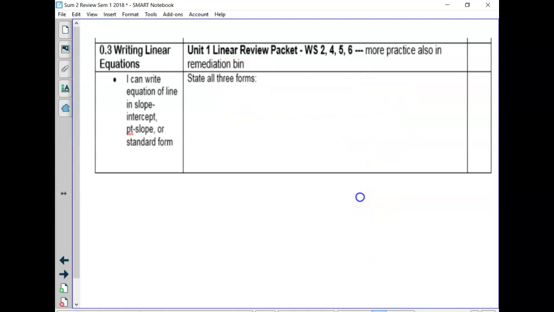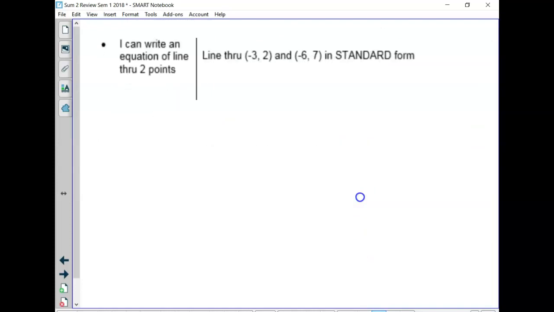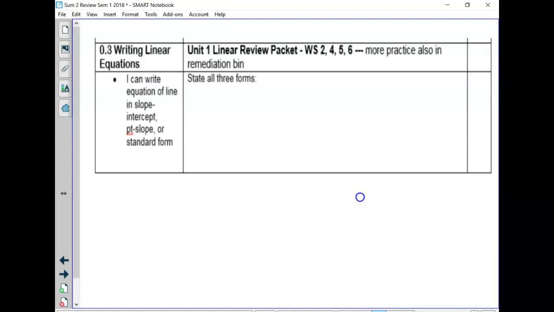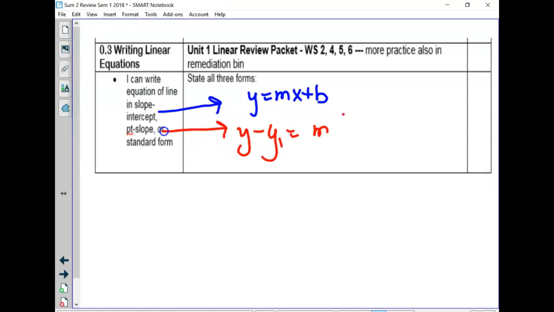All right. That leaves the linear review section of the quiz. And we haven't talked about this stuff for a while. All 3 types, real quick. Anybody? y equals mx plus b, and that is called, yes, slope intercept. Point slope? y minus y1 equals m times x minus x1.